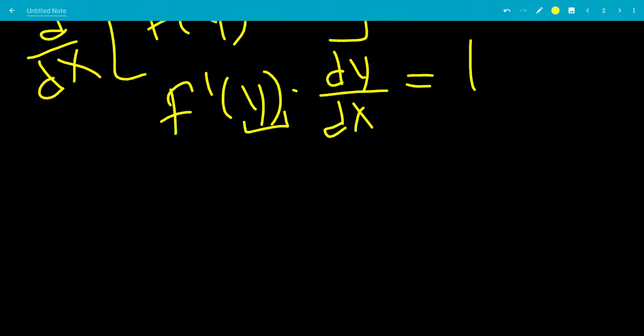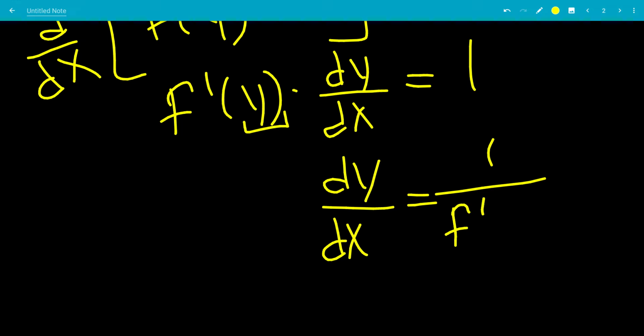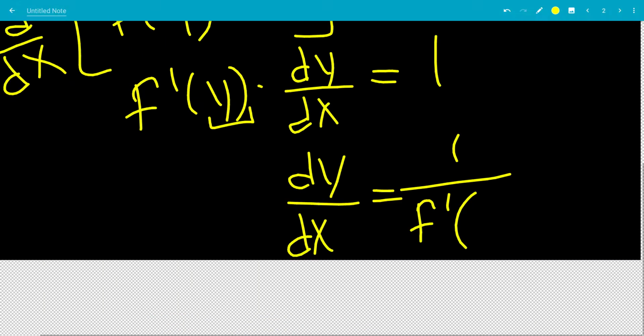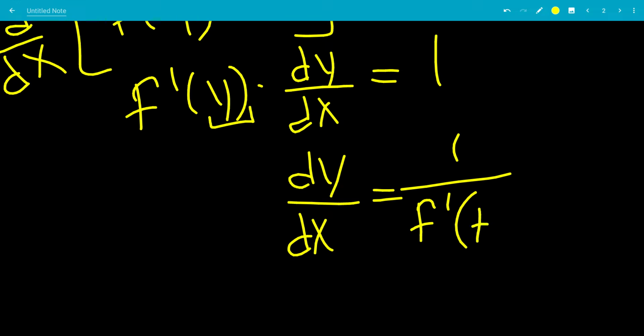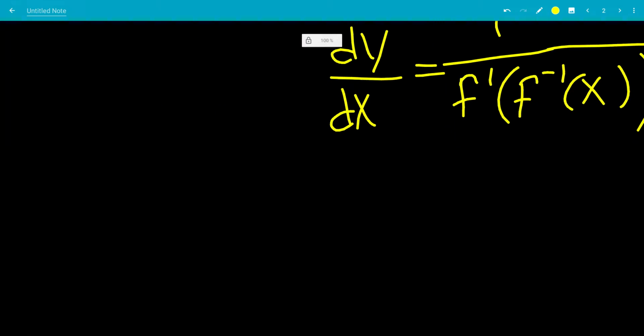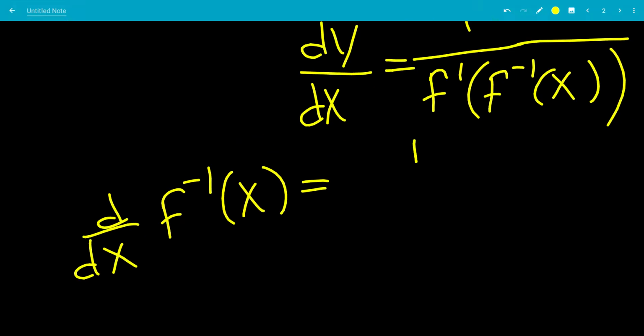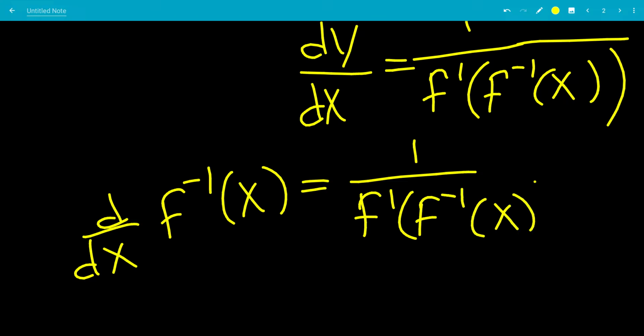So now to find dy/dx, we just divide by the other term, so dy/dx equals 1 over f prime evaluated at y, but y is f inverse of x, so we get f prime of f inverse of x. But what is dy/dx? That is the derivative of f inverse of x. So this will be 1 over f prime of f inverse of x.